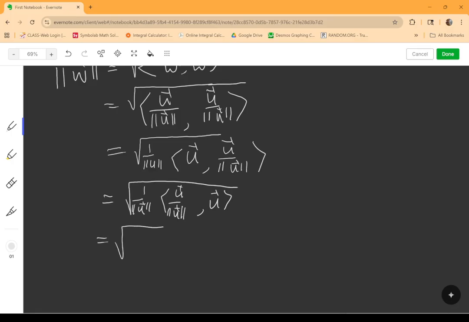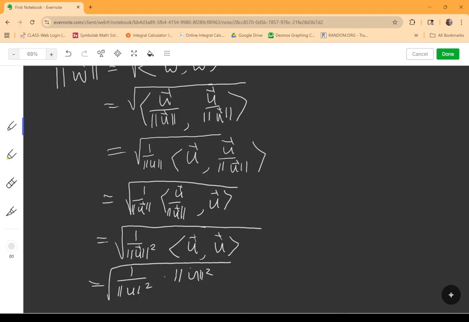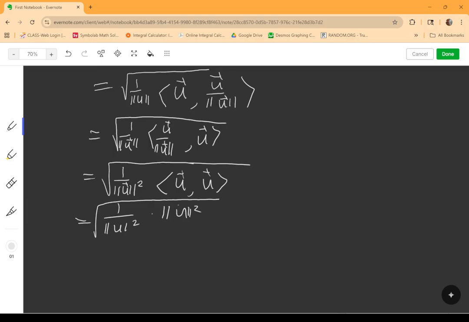Now we have 1 over the norm of u squared, times the inner product of u with itself. But we said that was just the norm of u squared. So we get 1 times the norm of u squared under the square root, which is just the square root of 1, which is 1.